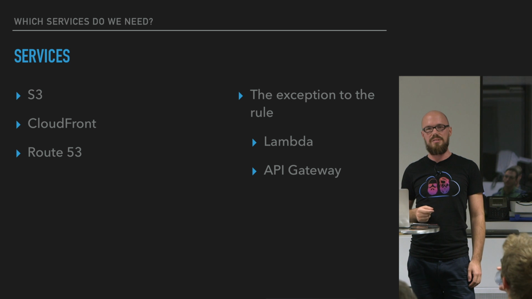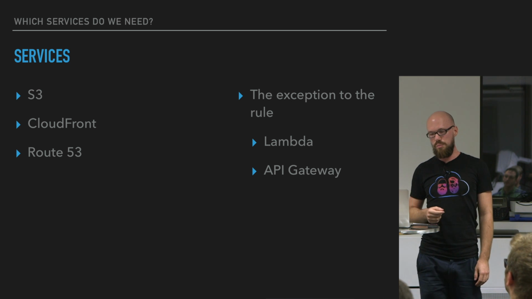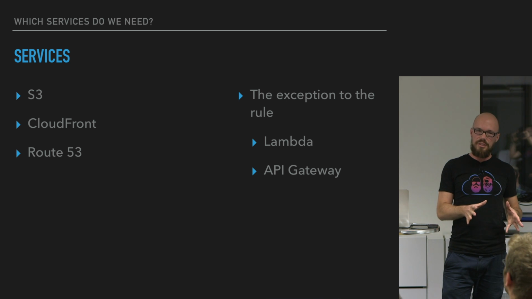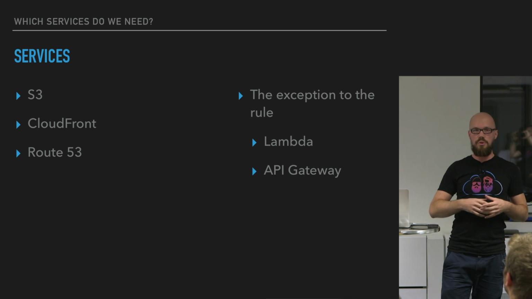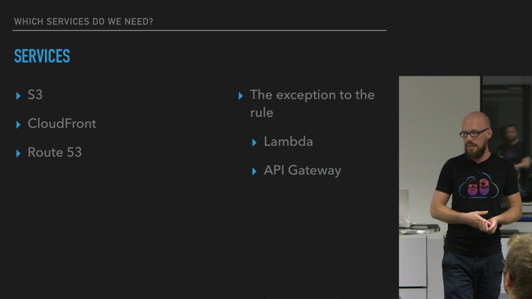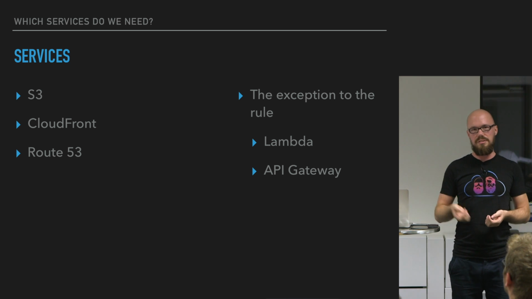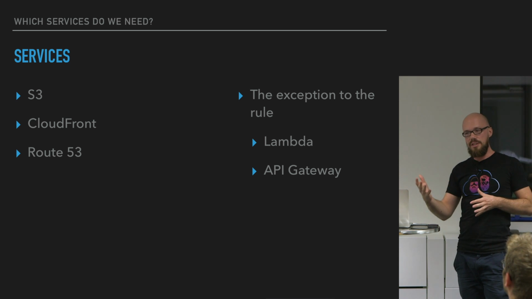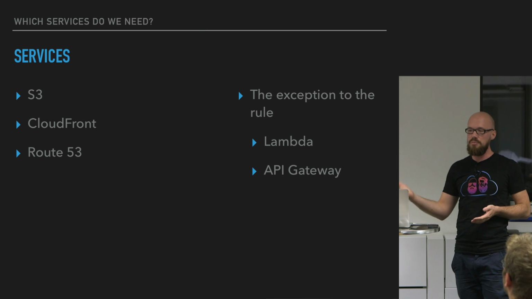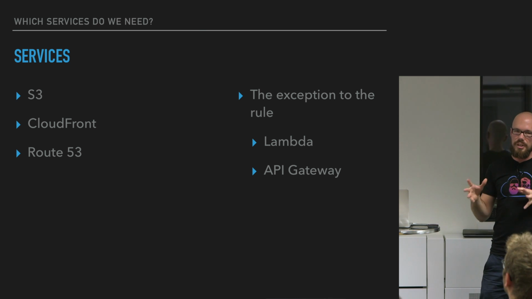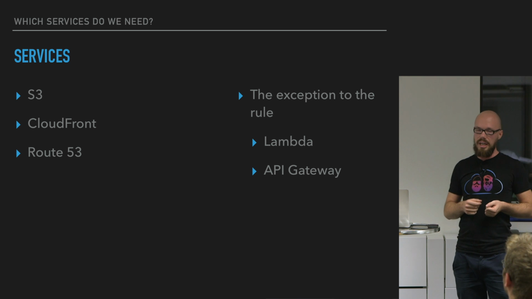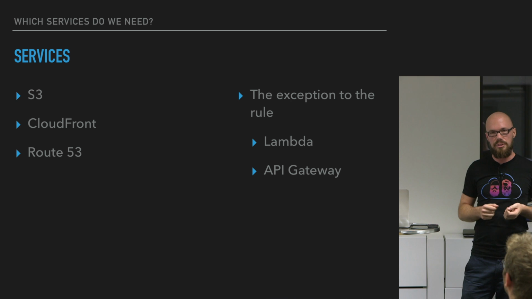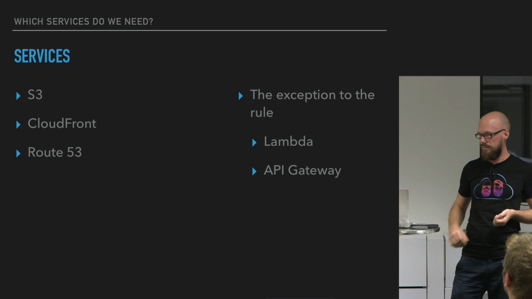So which services are we going to use? First of all, we will use S3 to store our static content. We use CloudFront for the distribution, and Route 53 as a name server. If you have a few extensions, somewhat of an exception to the rule of static websites, if you have dynamic content, you can use API Gateway and Lambdas to add some dynamic content to your static website, which is also very cool.